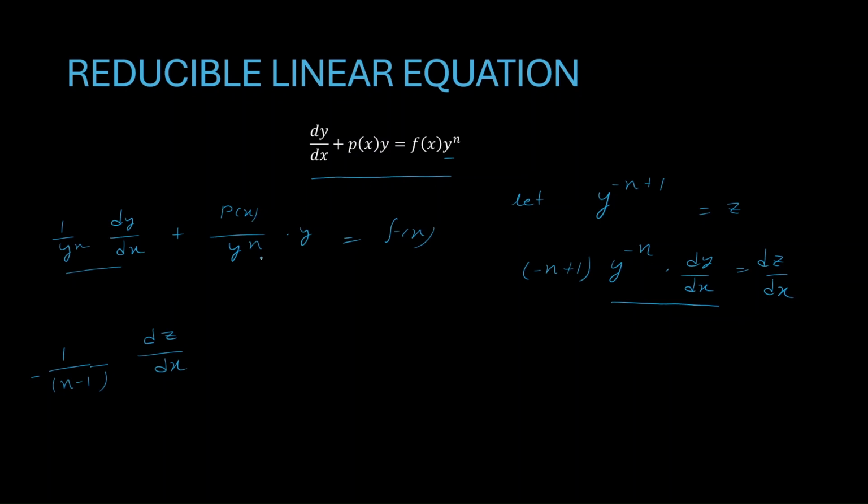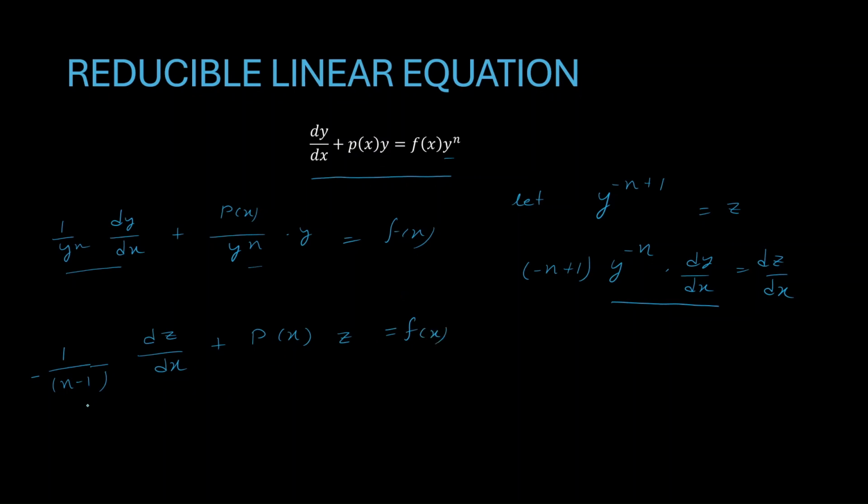Now look at another form, that is n and that is y. This expression actually means y to the power minus n plus 1, that is equal to z, P(x) z is equal to f(x). We got this.